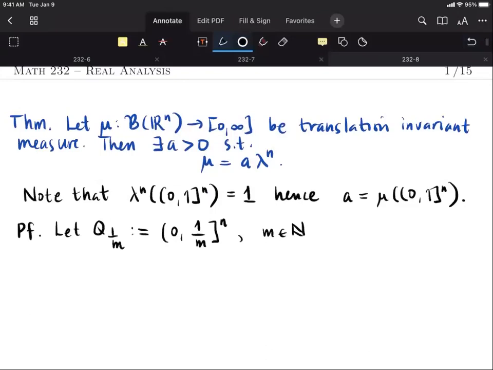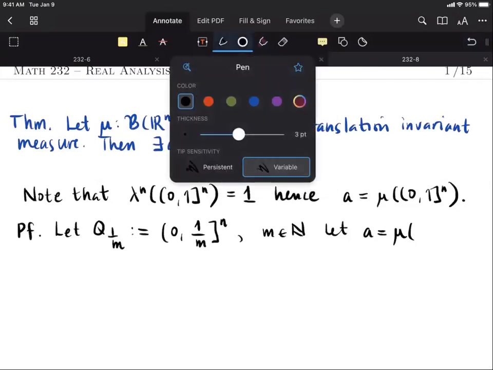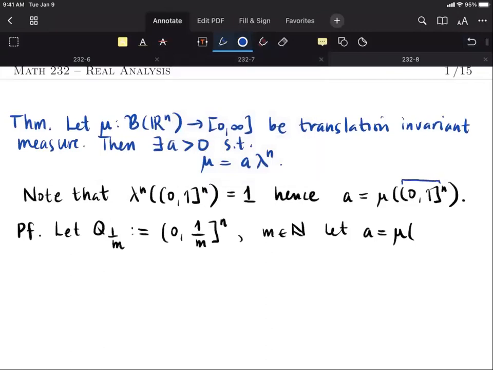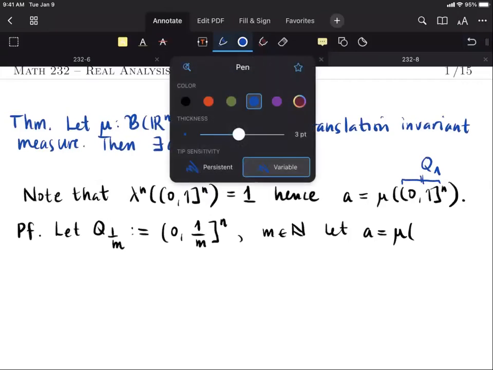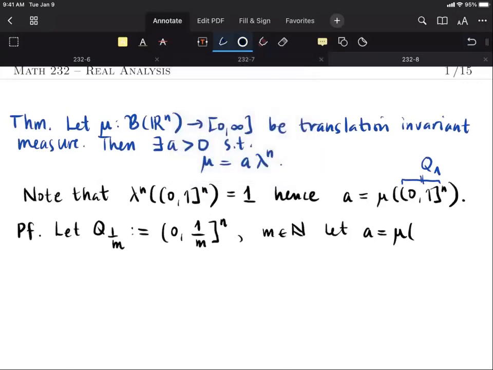And if m is equal to 1, this notation implies that this is Q sub 1. So from the above discussion, it is natural to set A to be mu of Q sub 1.